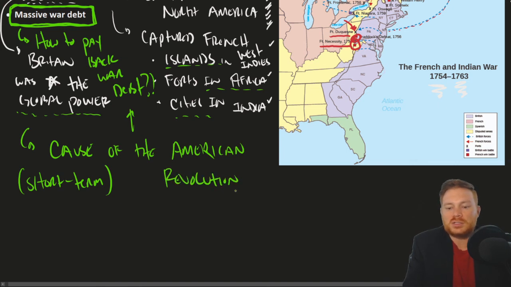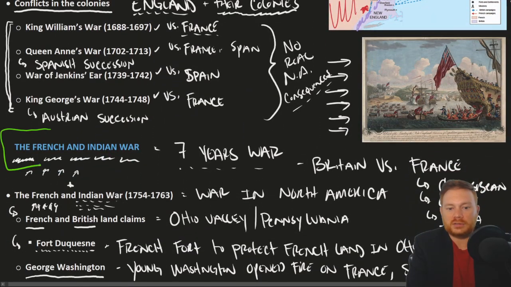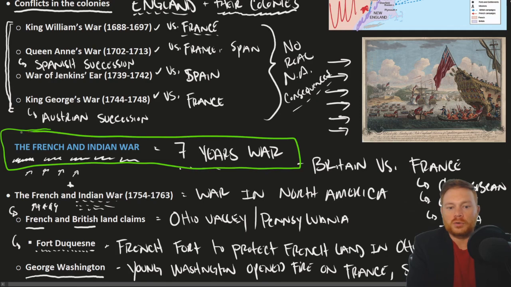So any discussion about the American Revolution, the process by which 13 English colonies band together and separate themselves from the British Empire, any discussion or explanation of how that happens always begins with this conflict, the French and Indian War or the Seven Years' War.